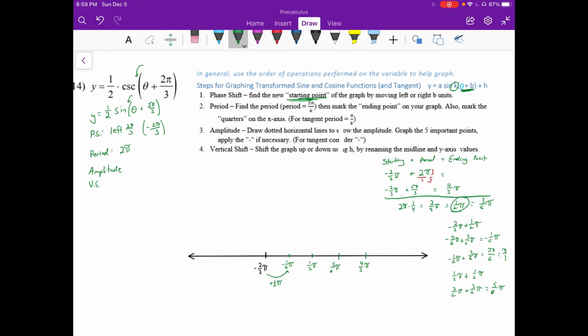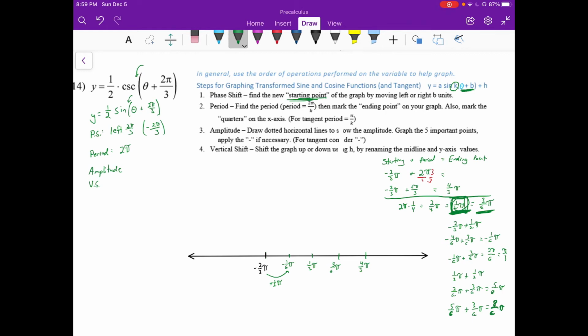Then we're going to add 1/2 pi again, because we keep adding this quarter of our period. We actually don't have to do this one because we have the endpoint, but it's a good check. 5 pi over 6 plus 3/6 pi gives us 8/6 pi, which does reduce to that 4/3 pi. So there are the 4 quarters.